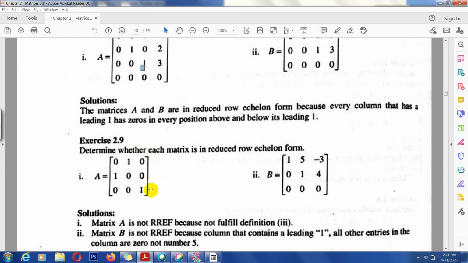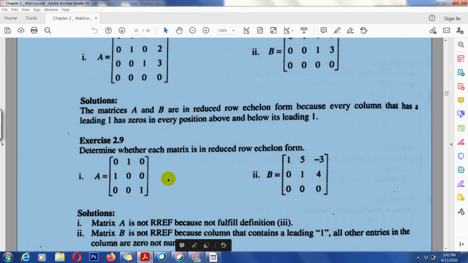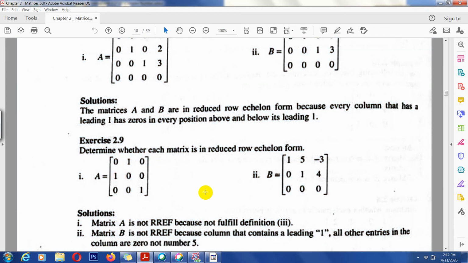Is this a reduced row echelon form? This is not, because we need the position. If this position goes to the first row, it will be a row echelon form, because we need 1 here, and then there is 0, and there is also 0. Here, is it row echelon?